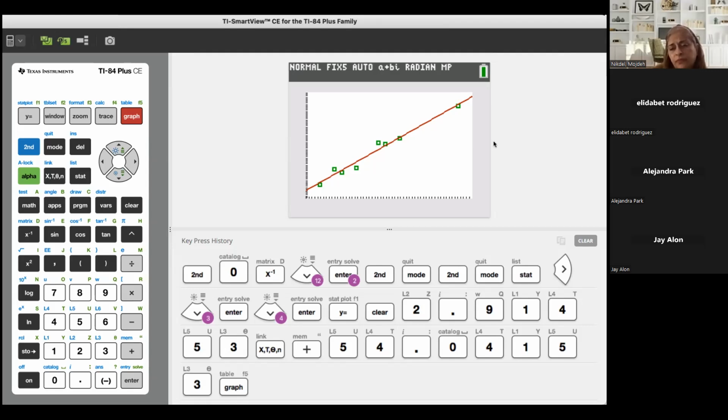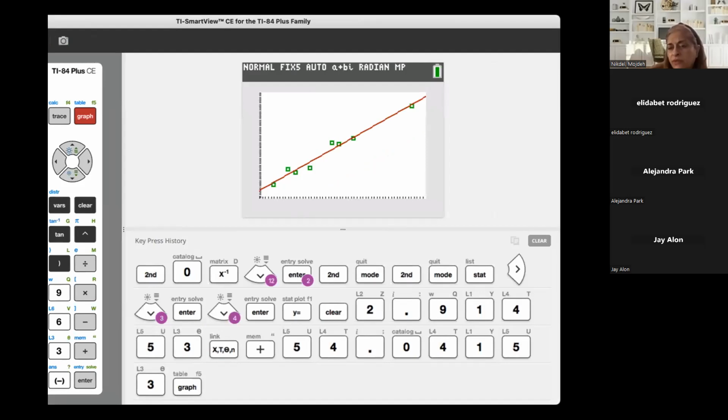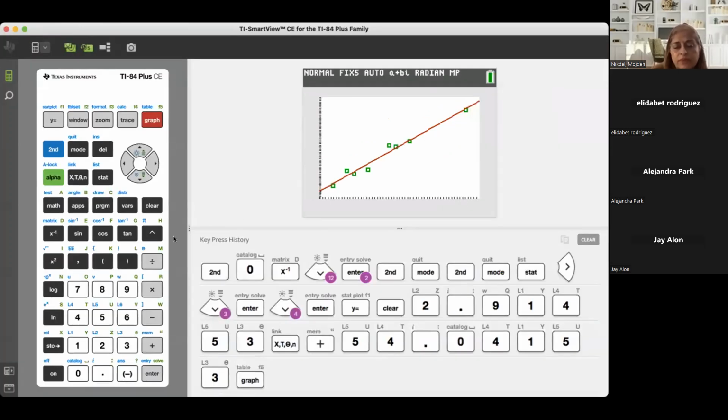Okay. Any question? The green dots are a scatter plot. The red line is a regression line for the length of the thigh bone and the height of the human. Okay. Any question? I'm not seeing any right now.